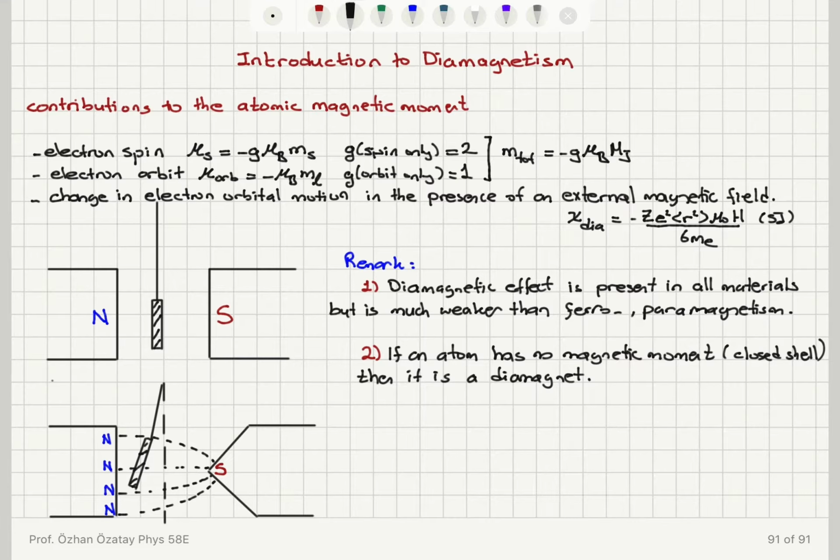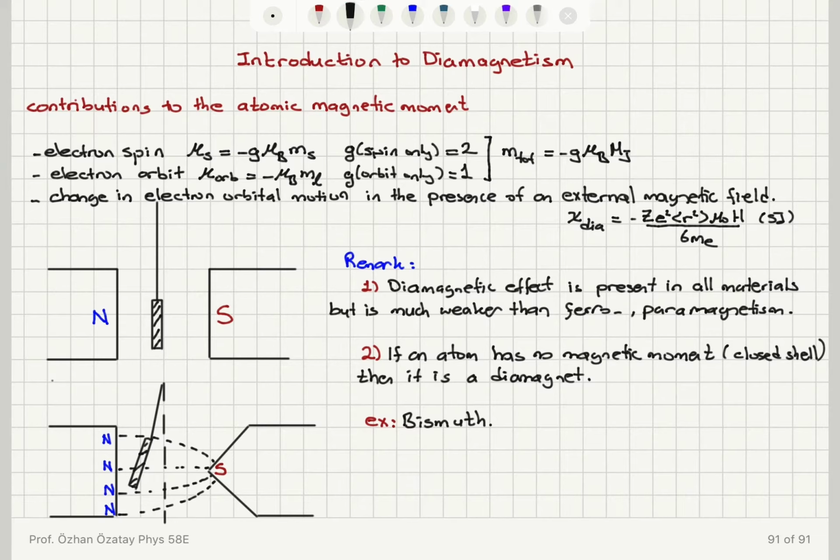Now I want to look at the experimental detection of diamagnetism. So a good example of a diamagnetic material, a strongly diamagnetic material, is bismuth. So if you make a bismuth rod and insert it in between the poles of an electromagnet, the north pole and south pole, what will happen is that you will have induced north and south poles on the bismuth.